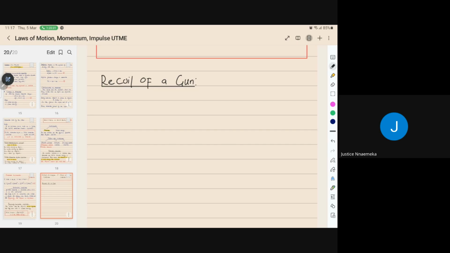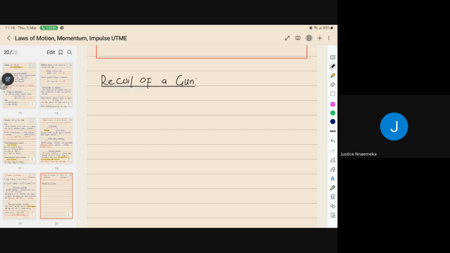This happens because momentum must be conserved. So bullet goes forward, gun moves backward, right? I've explained the recoil of a gun before.